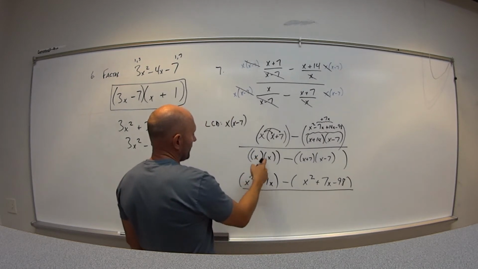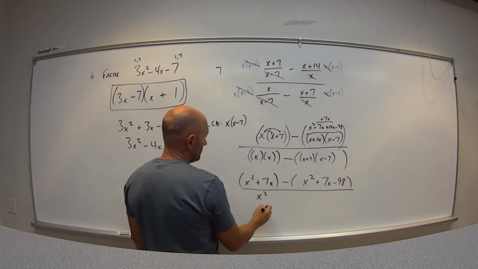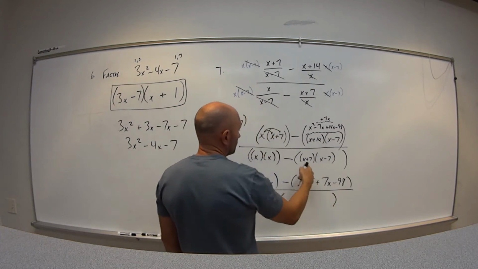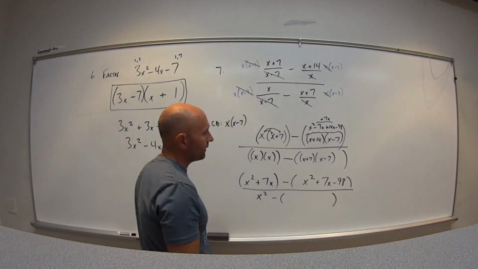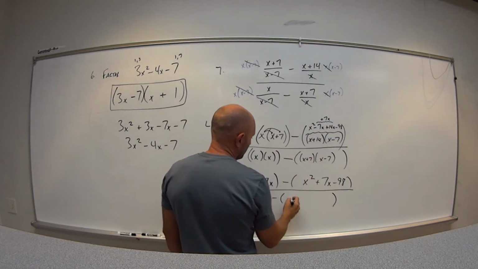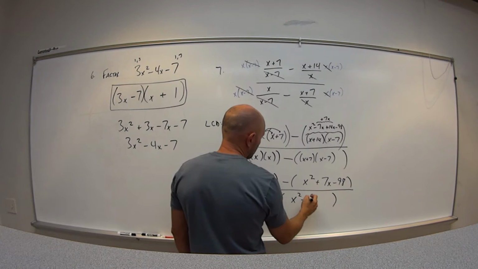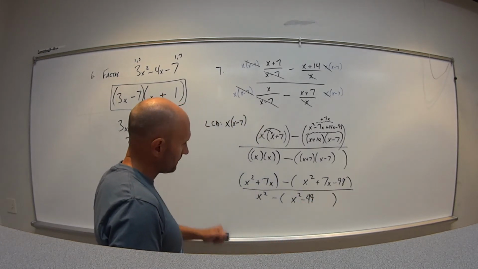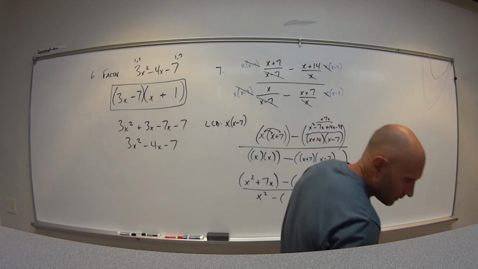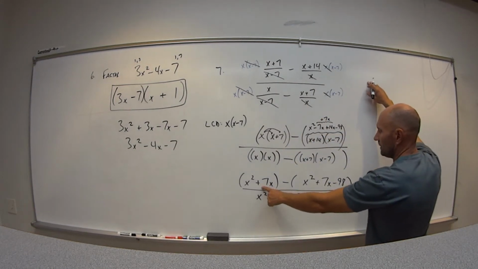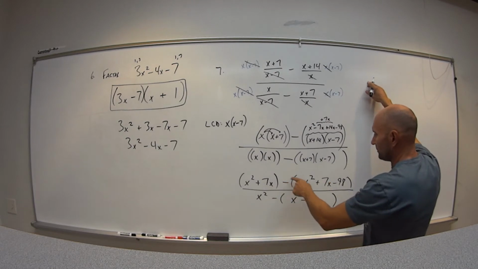In the denominator, I have x times x is x squared minus, and this is what? This is a difference of squares. So the middle terms are going to cancel out, and when I FOIL this, I get x squared minus 49. So now, if I come up here, now I can distribute this negative sign.